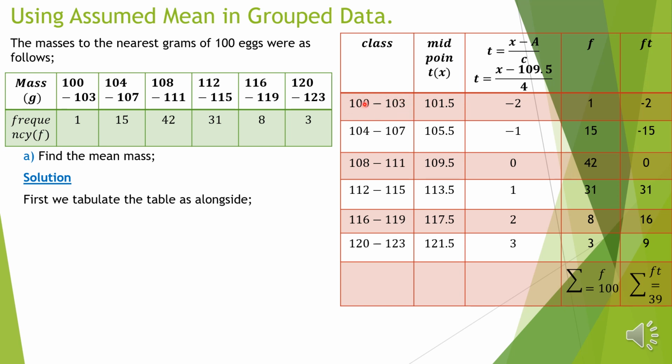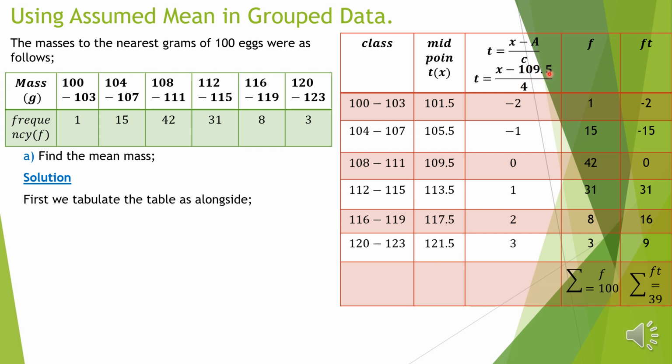For example, the lower limit here is 99.5 and the upper limit here is 103.5. So to get the class interval, we take the upper limit minus the lower limit, and therefore we have 103.5 minus 99.5, which gives 4. Therefore, our constant C that you're going to divide with here is 4. So here, T equals X, the midpoint, minus the assumed mean, which is 109.5.